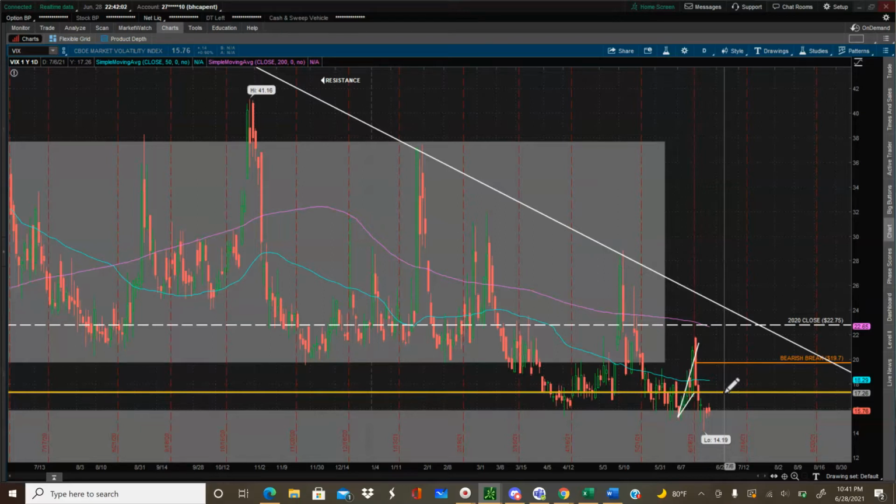Once VIX gets above that golden area, so that 17 to 17.5, be paying attention to where that 50-day moving average is, and know that once it gets above there, it won't be far off from that 200-day moving average.